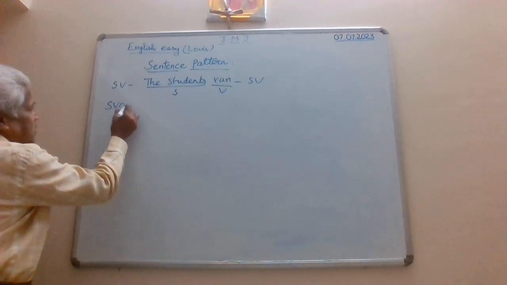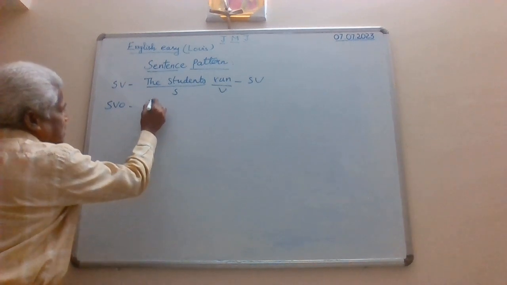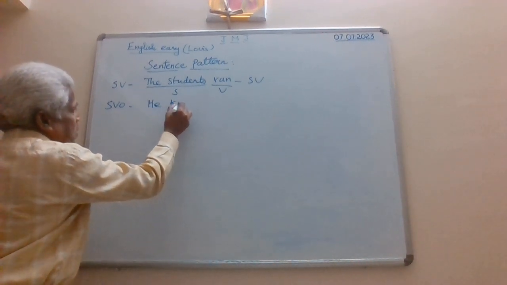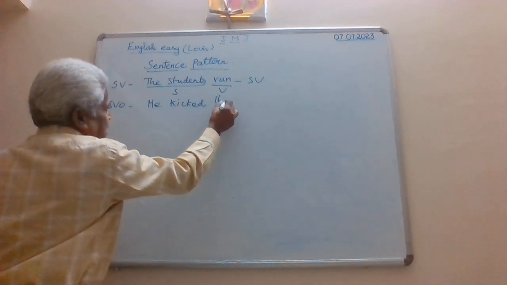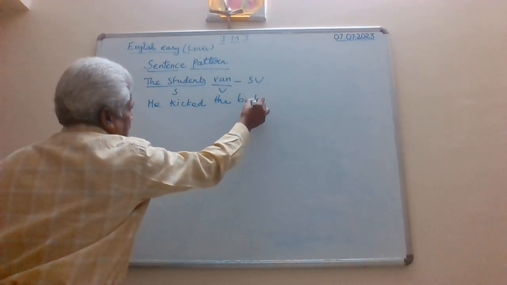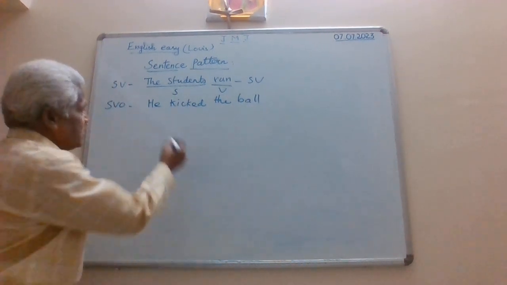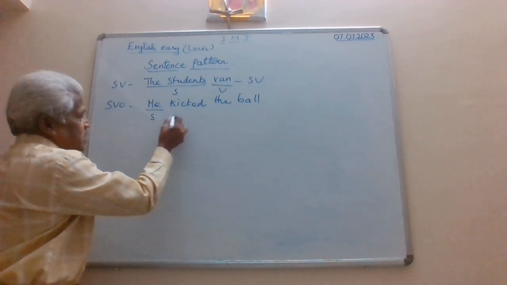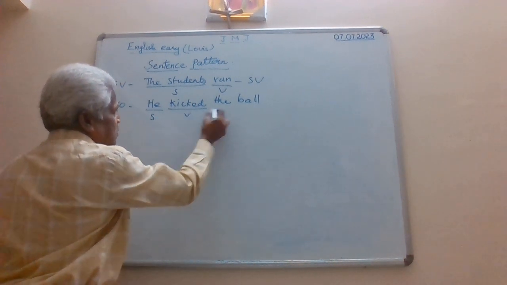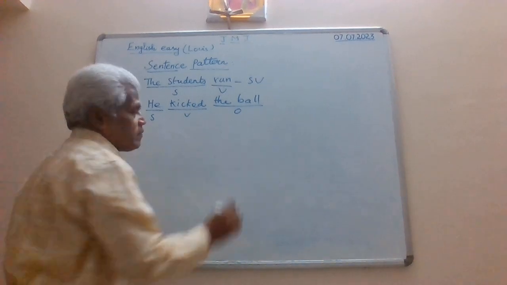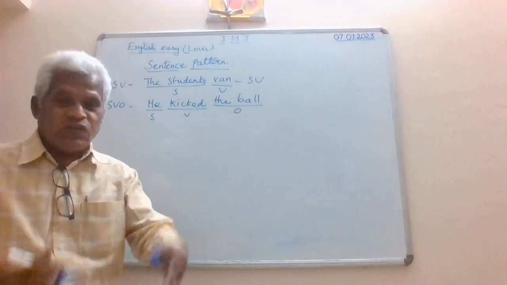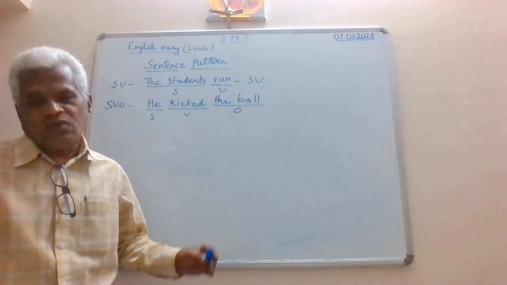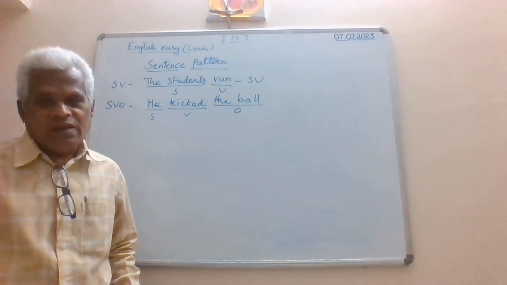Can we think of an example for SVO? Yes, certainly. For example, he kicked the ball. What is your subject here? He is your subject, kicked is your verb, the ball is your object. Now you have to revise your learning. In my previous video, what did I say about the object?